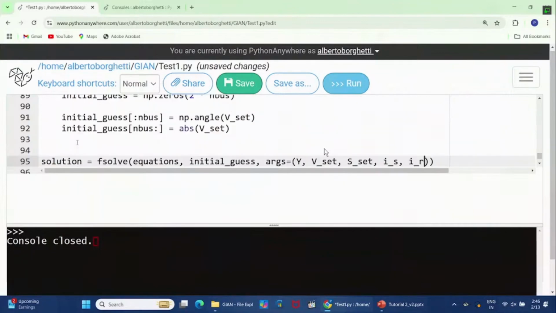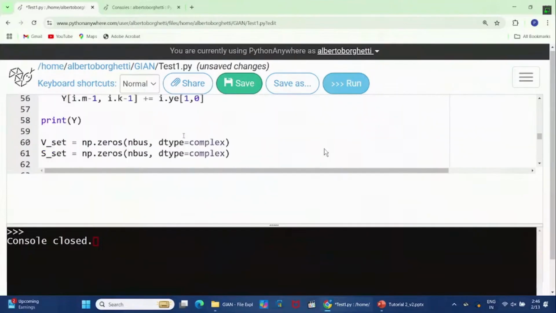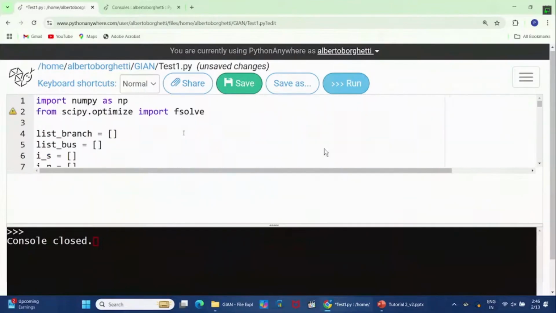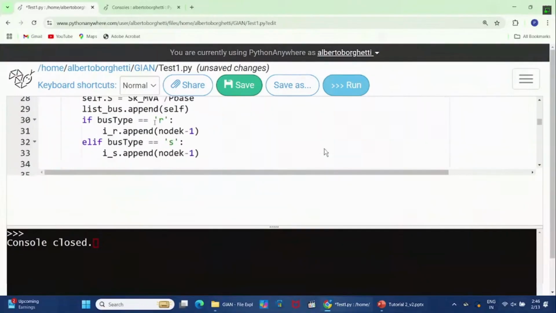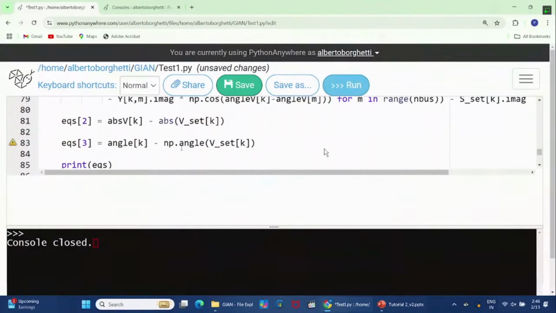Control V. It is complaining somewhere here: undefined angle. Angle is not undefined. I thought that there was angle inside numpy. So I started with numpy as np, and np.angle. So why is it complaining?